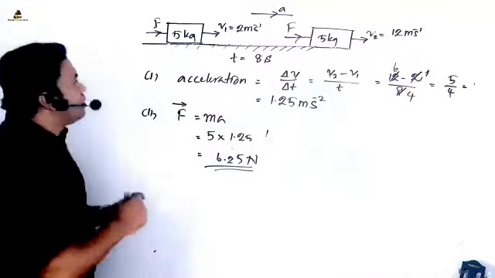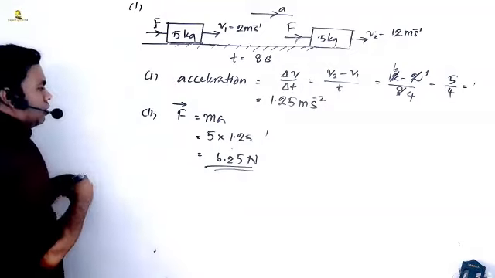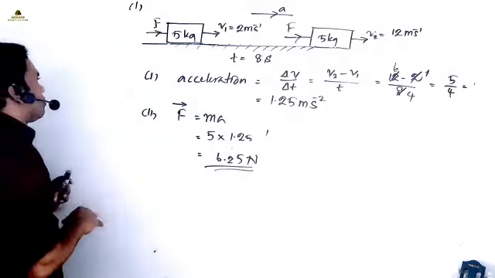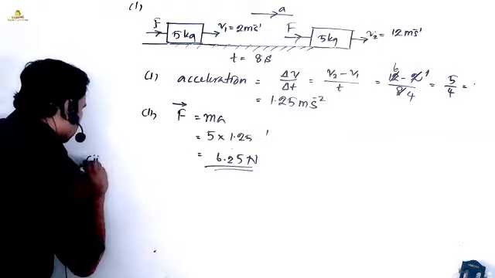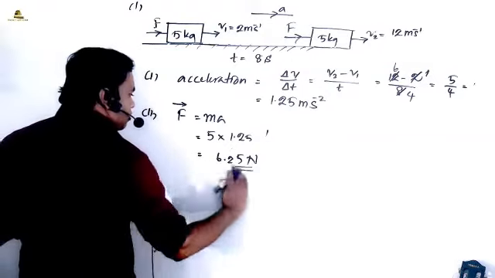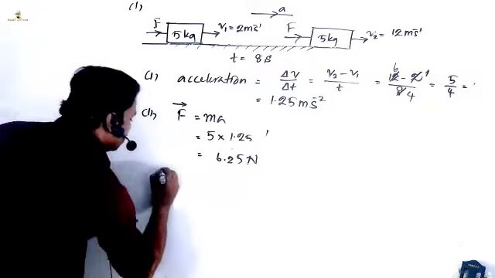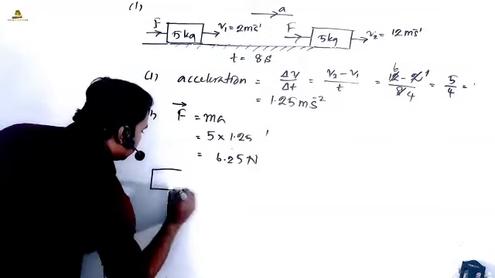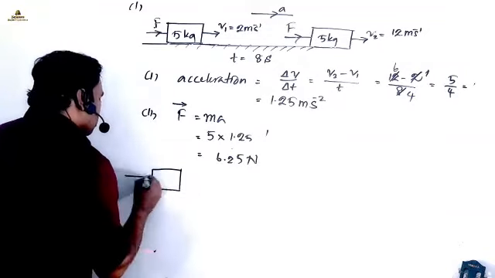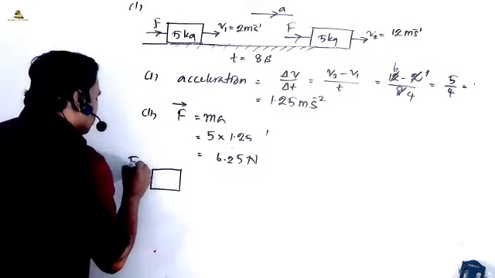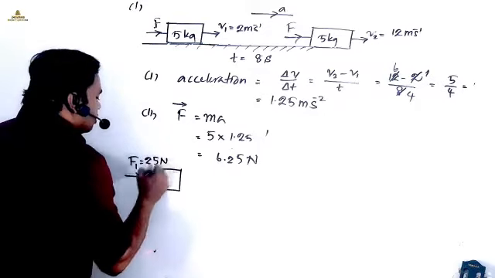Okay, example 1. The second example, let's take down. Here is the object. F1 force, so that's 25 newtons.